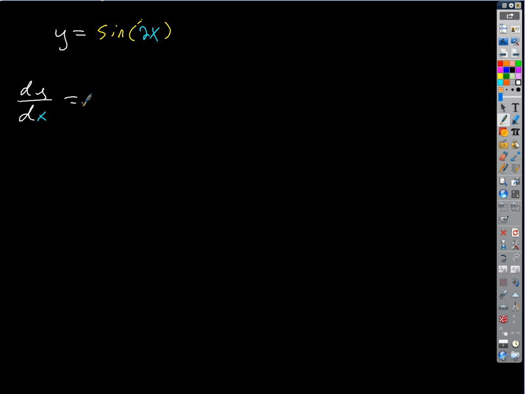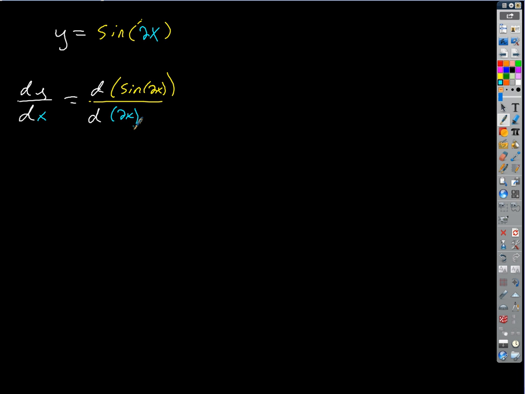Okay, so we got something here. One thing we could say is that this is equal to the derivative of sine of 2x with respect to x.